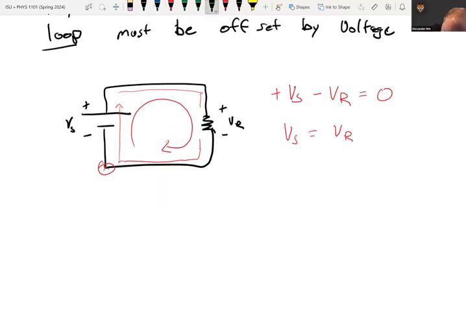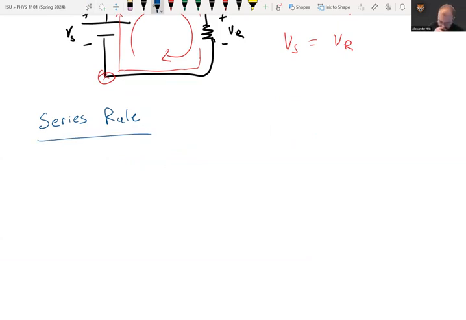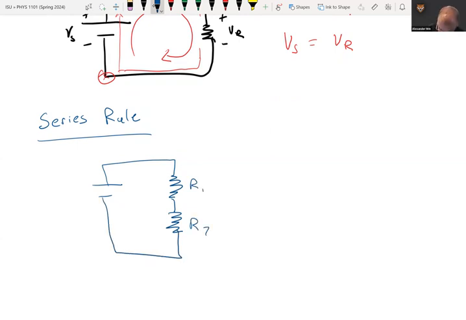Now, the idea here is that this can help us analyze the series rule if we do this correctly. First, we'll do a quick little circuit. So we have R1, R2, and it goes like this.